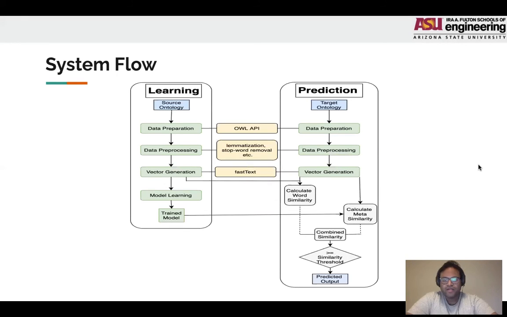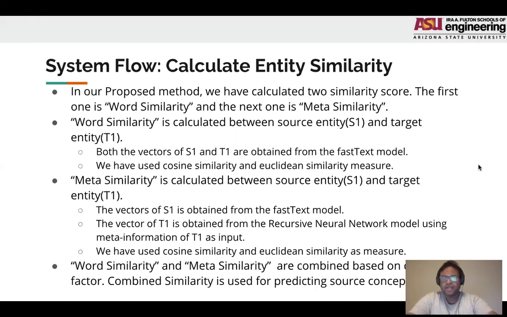After the trained model, the next part is calculating the entity similarity. In the entity similarity, we basically calculated two similarity values. One is the word similarity and the second one is the meta similarity. Word similarity is basically calculated between the source entity and the target entity itself. It does not count any meta information.